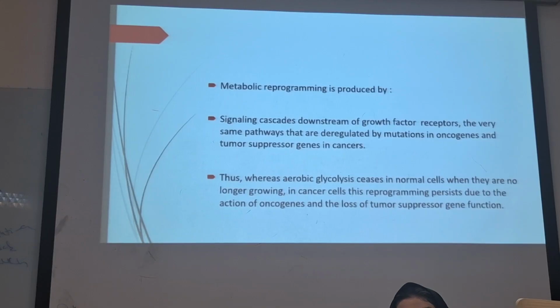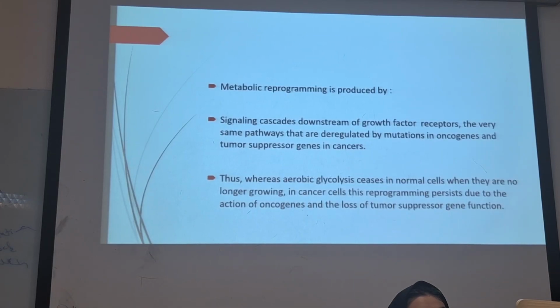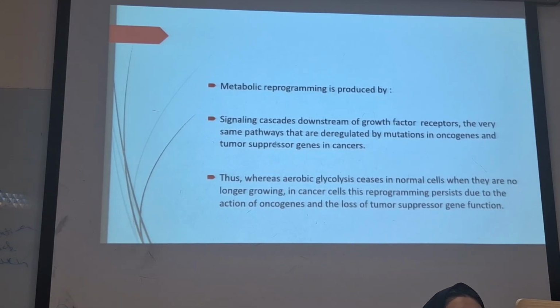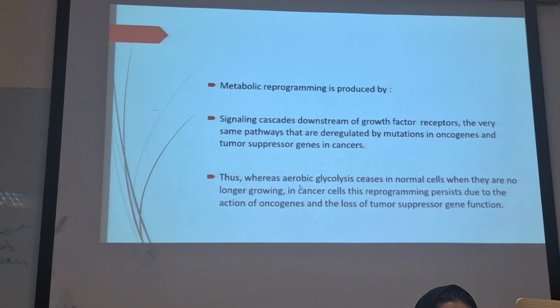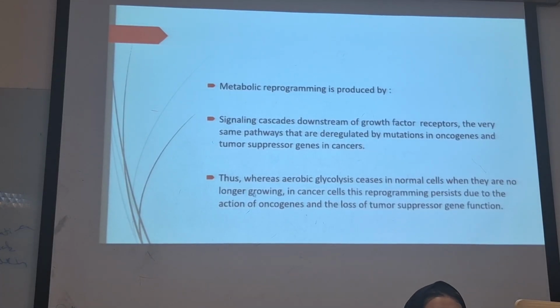As I said before, mutations are the heart of malignancy. So again, in this altered cellular metabolism, we have some other mutations. Metabolic reprogramming is produced by signaling cascades downstream of growth factor receptors, the very same pathways that are deregulated by mutations in oncogenes and also tumor suppressor genes in cancer.